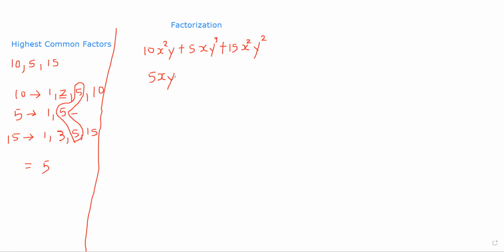So sometimes you get this and you don't know what to do because you don't know what is common between all three of them. You're just hurting your head. But now that you have a clear understanding of what they're actually asking you to do, after you find what is common between all three of them, you divide this here now, the 5xy, into all three of these individually. So you open a bracket, right? And you put them in here.